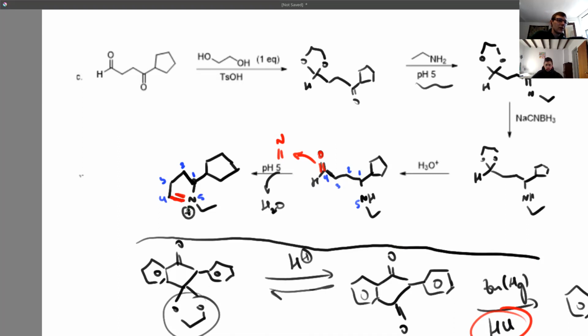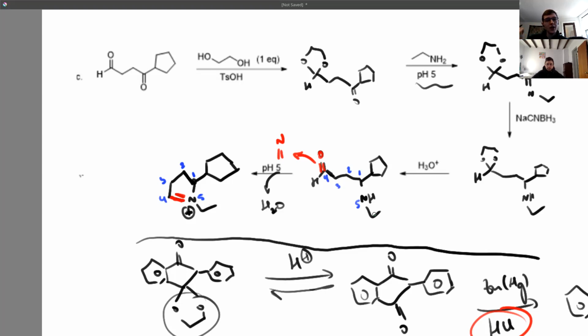Okay. We can't get rid of the bond. We can't get rid of these carbons, right? When we're making a normal imine, if this was an NH2 here, like I was writing earlier, then we would have just been able to pluck off those extra hydrogens, and we would have a neutral amine.